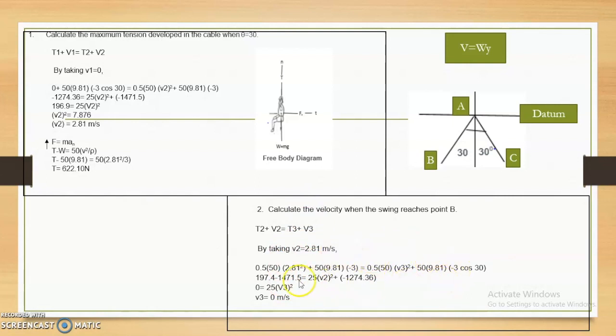So by solving the equation, we can get V3 equals 0. So when the swing reaches point B, it becomes 0. So when it starts, it's 0. Here it reaches the velocity of 2.81 meter per second, and when it reaches B, it becomes 0 again.